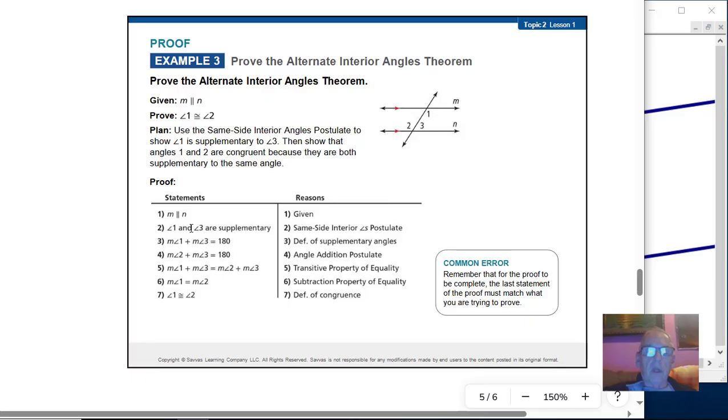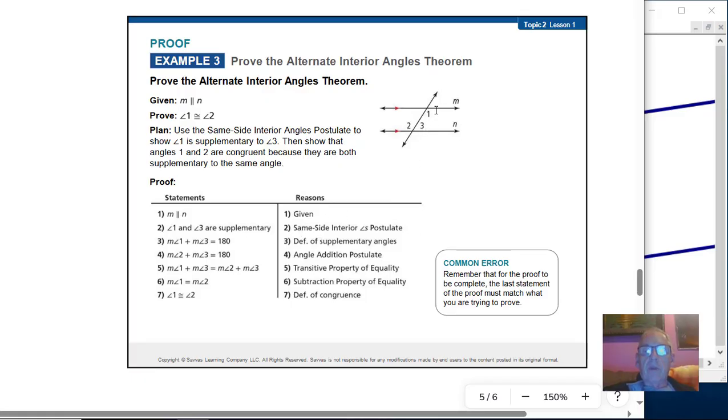So let's see what they did. M parallel to N. They note that angle 1 and angle 3 are supplementary. That's the same side interior angles postulate from the beginning of this chapter.